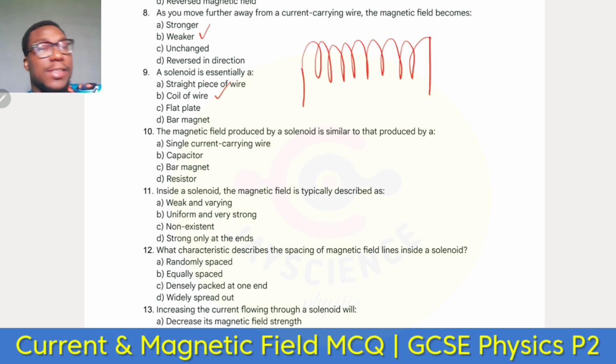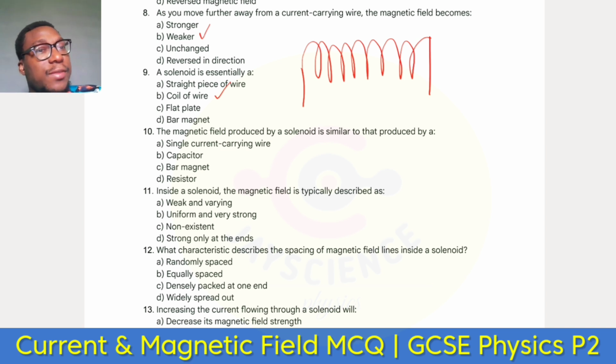In this case, it's as if you have many different wires, so the magnetic field you get will be much stronger. And in actual fact, it's just one wire that you've turned. And for the records, the higher the number of turns of the wire, the stronger the magnetic field. So keep that in mind.